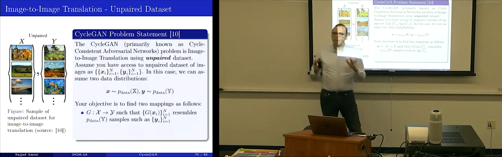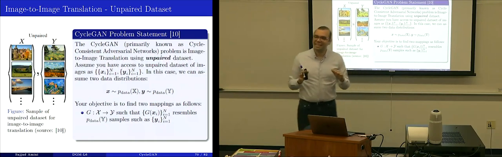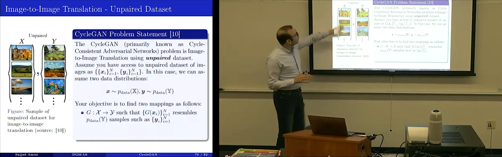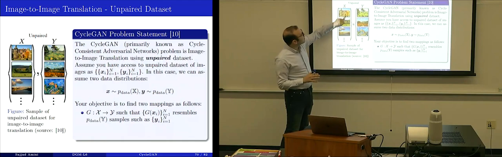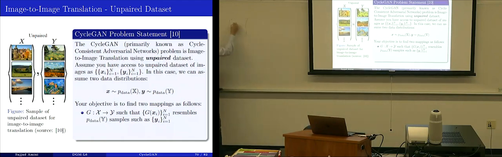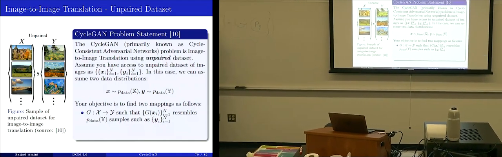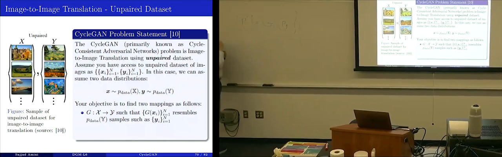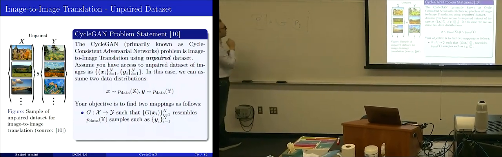In other words, a person professional in painting, if you have a painting from painter number 1, and you give it to your G, the result is something we call P prime.